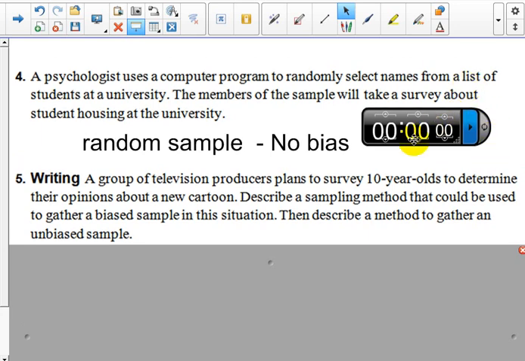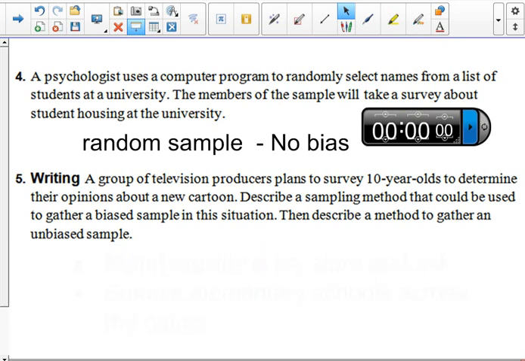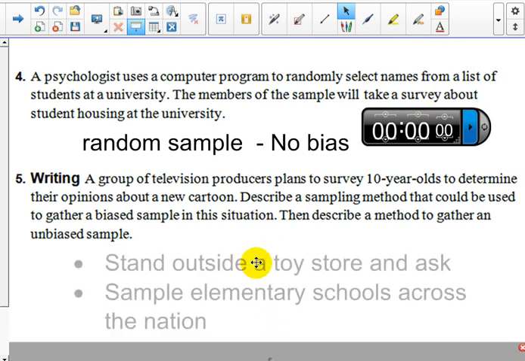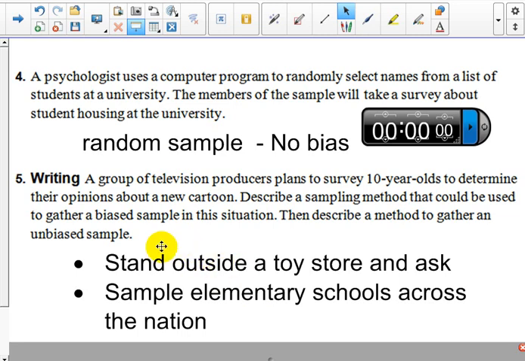I'll give you my example. So I put stand outside a toy store and ask. Said that would be biased. How is it biased? You're standing right outside a toy store.